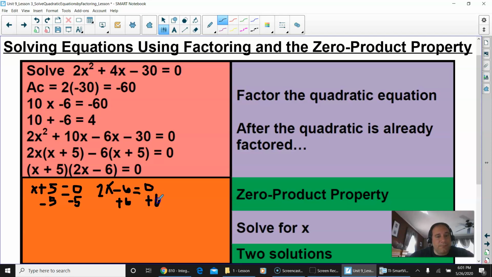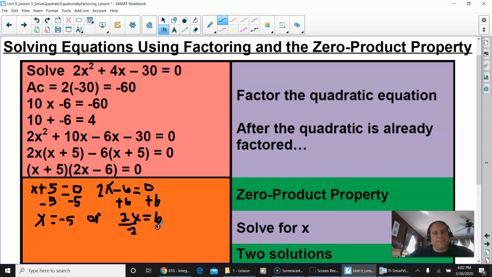Remember, one of them has to be equal to 0 if the whole thing is equal to 0. So one of the factors, and there's two solutions here, is x equals negative 5, or one of the roots. And then the other one is 2x equals 6, and then you divide by 2.